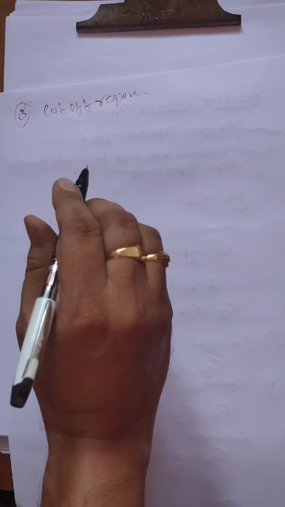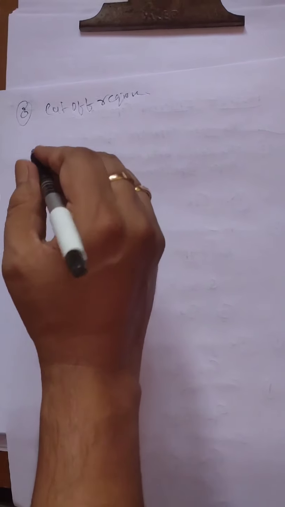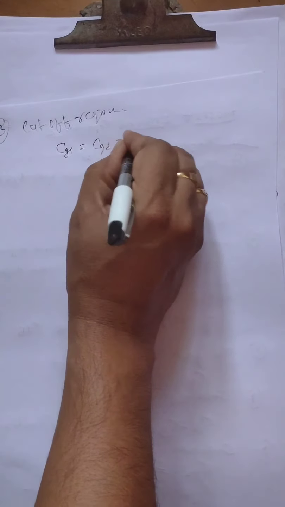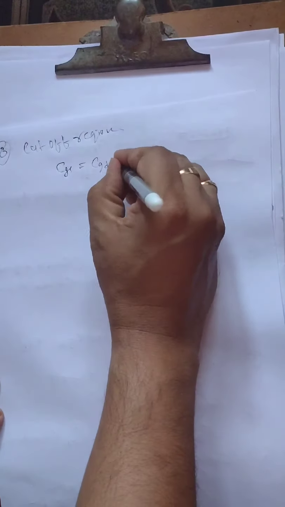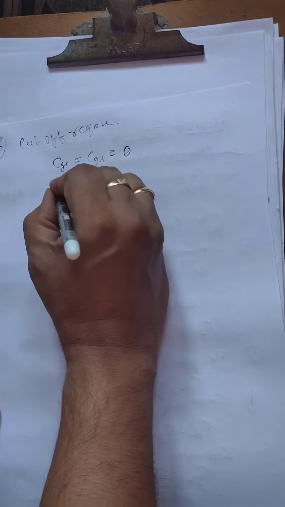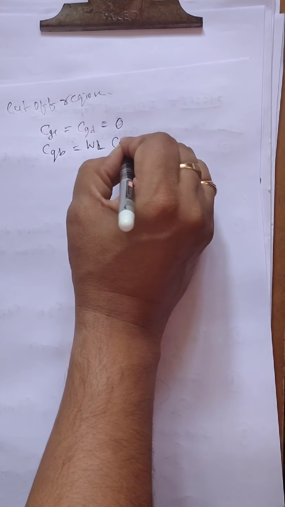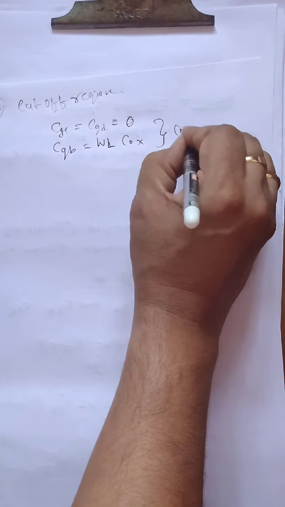The channel disappears, and the gate source capacitance and CGD are equal to 0, and the gate body capacitance is equal to WLCOX, that is in the cutoff region.